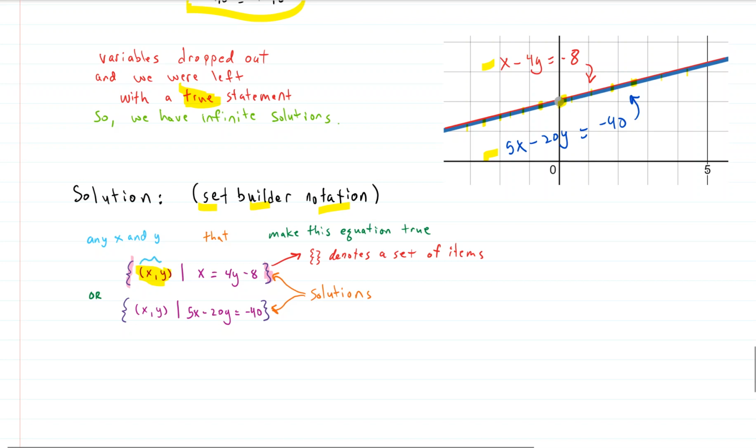So this here is any x and y such that, this little vertical line right here means such that, any x and y such that make this equation true. So any x and y that make this equation true, that's the solution.